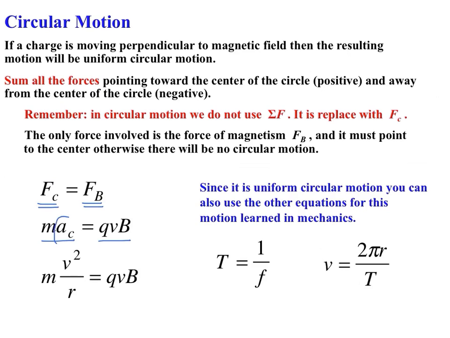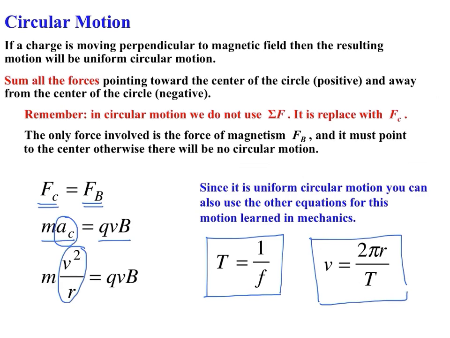Also remember that centripetal acceleration is v squared over r. So we have another version of that equation. So just like before, anything that we had to do with circular motion, we can also apply: period is equal to 1 over frequency, or that velocity is equal to 2 pi r over period. Again, these are old functions.